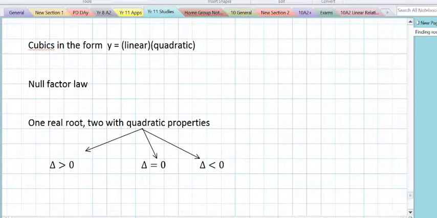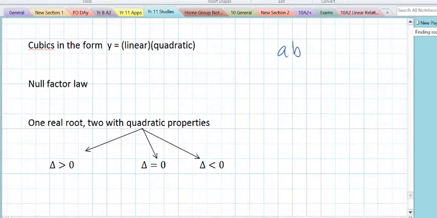Now the reason this has those solutions, or the nature of those solutions, is because of the null factor law. Who remembers that one? To jog your memory, if you have AB equals 0, then either A must equal 0 or B must equal 0.